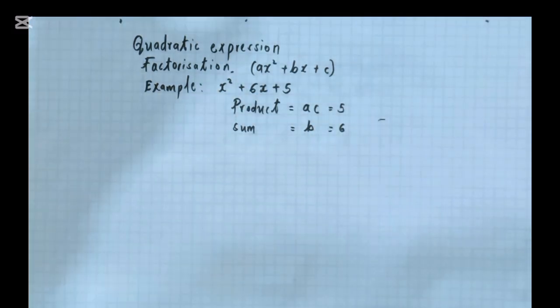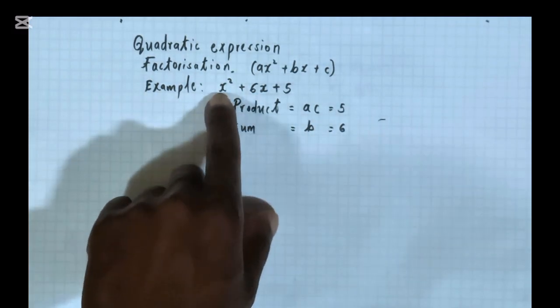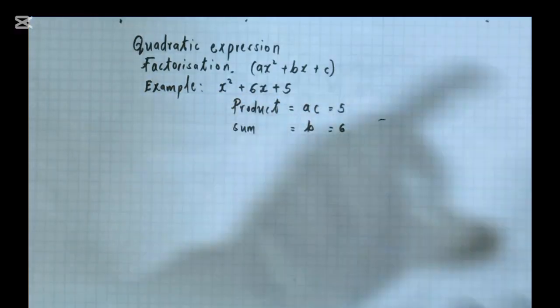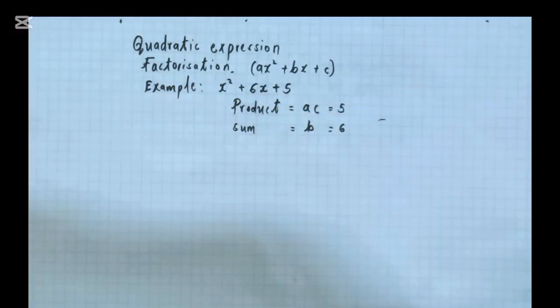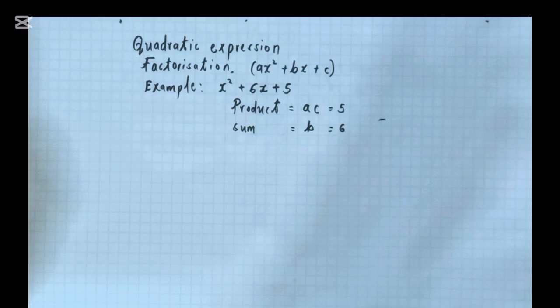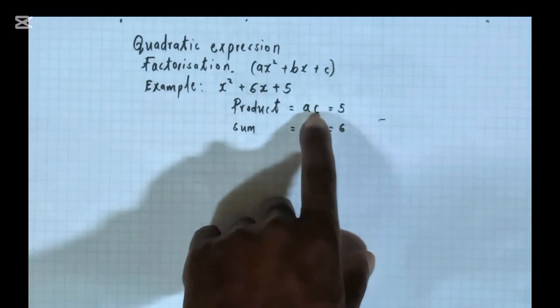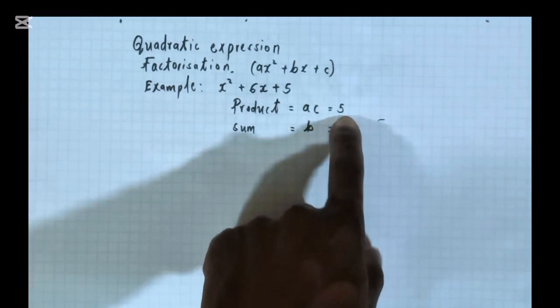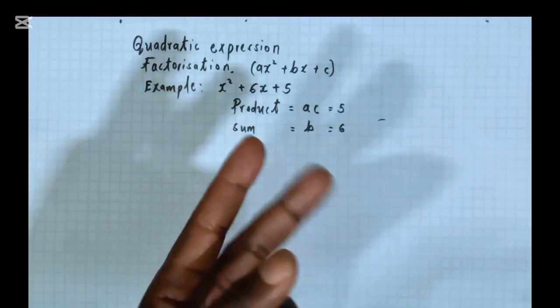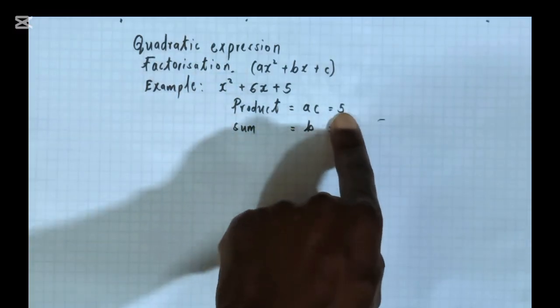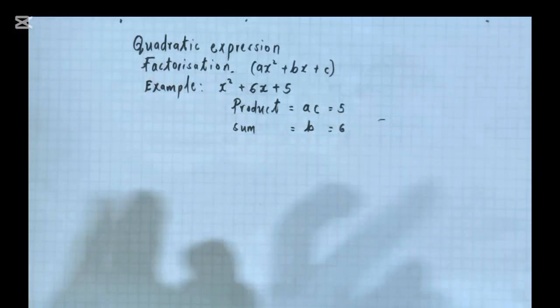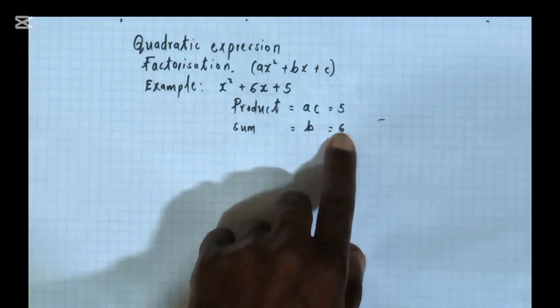Now that we have the product and sum of this quadratic expression, the question we ask ourselves is, what two numbers do we know of that when they are multiplied together will give us 5, and when we add them will give us 6?